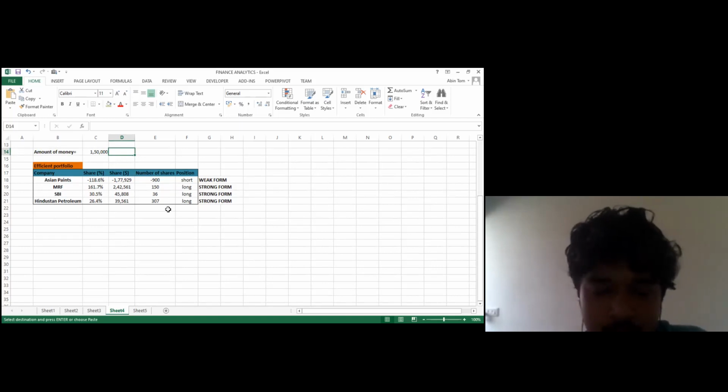But you are saying that MRF is strong and Asian Paints is weak. So the data which are collected from 1 January 2019, in that period, it was not good.